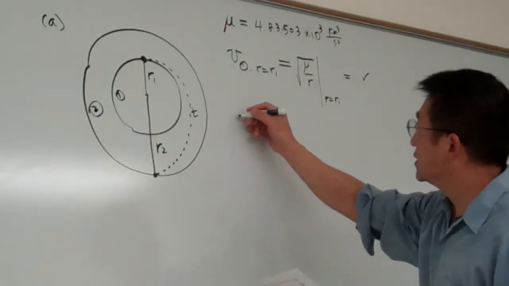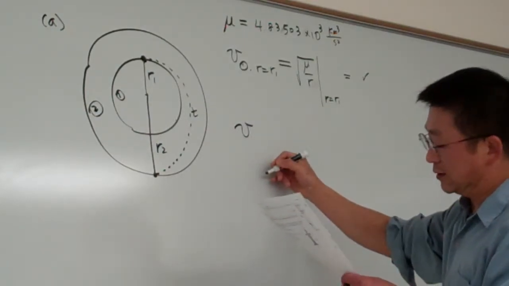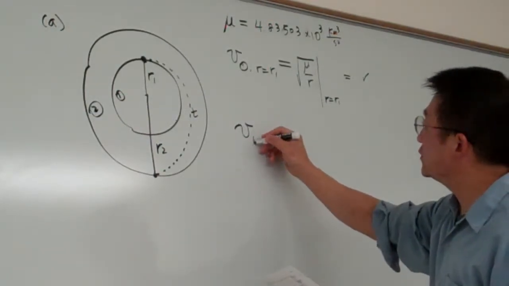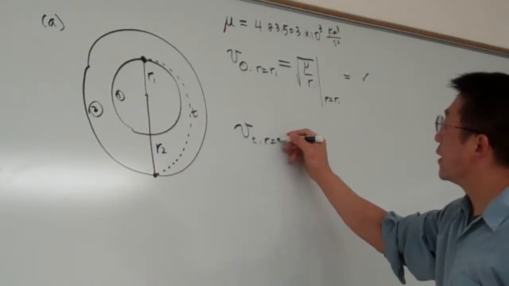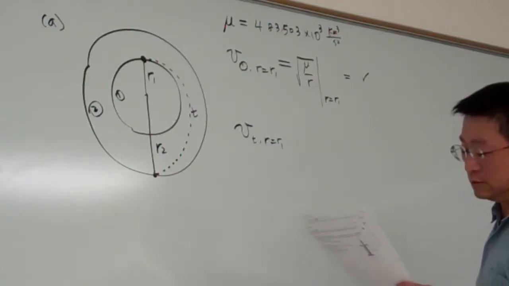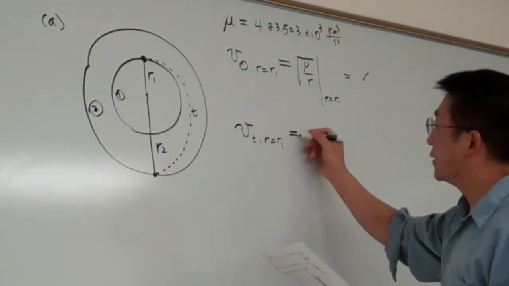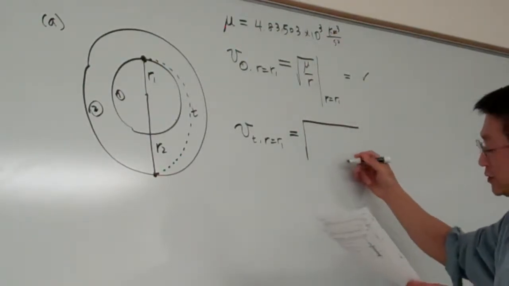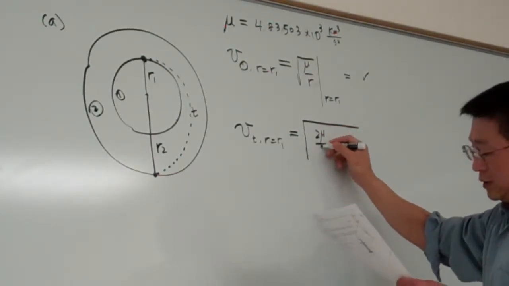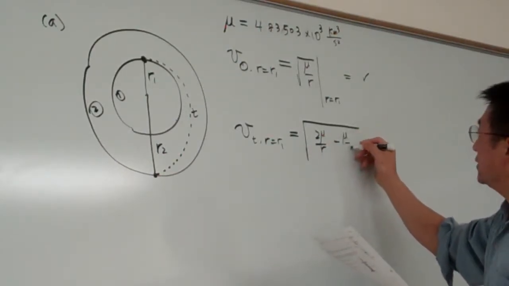The second one we can calculate is on the transfer orbit. T means the transfer orbit at r equal to r1. Because the transfer orbit is an elliptic orbit, the equation is the square root of 2 mu over r minus mu over a.